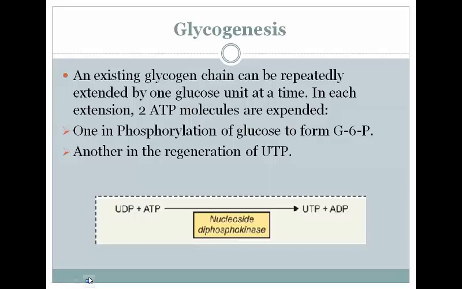By nucleoside diphosphokinase, ATP will convert to ADP, adenosine diphosphate, releasing one phosphate group to uridine diphosphate, that will form uridine triphosphate, and that will be ready for utilization in the previous reaction, where glucose 1-phosphate will form UDP glucose after reaction with uridine triphosphate.